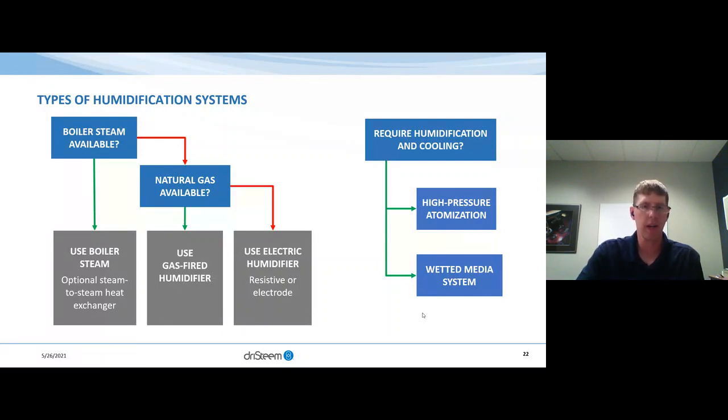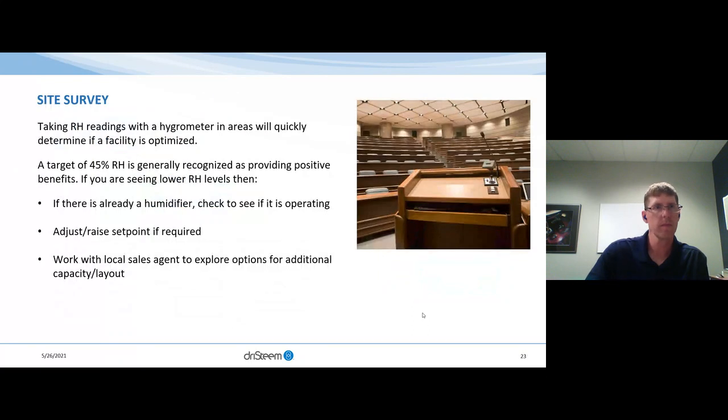It's coordinating with a facilities team to understand what the current infrastructure is, what the options available are, and then what's the best way to integrate this humidification system into the existing equipment. And a lot of it is getting an idea of what the current conditions are within the space, taking a hygrometer and checking what the relative humidity is.